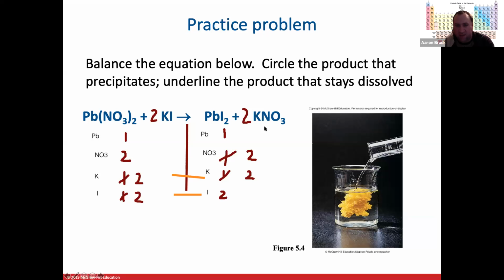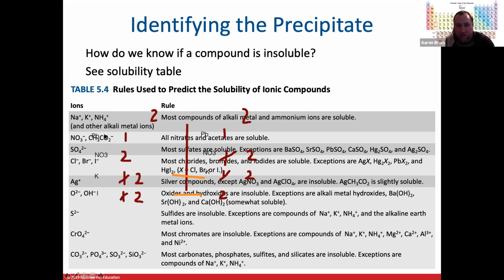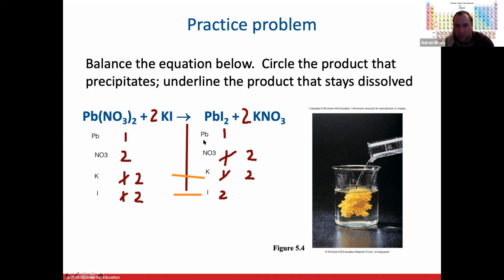So my potassium nitrate here, I've got potassium, which is always soluble. I also have nitrate, which is always soluble. Potassium nitrate is going to be soluble in water, so I'm going to underline that one.